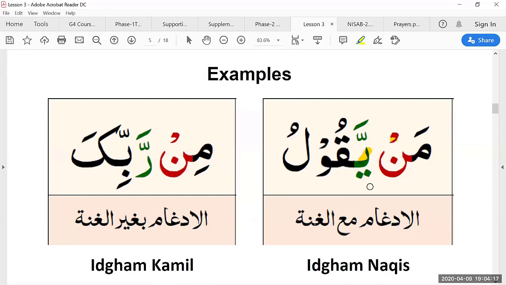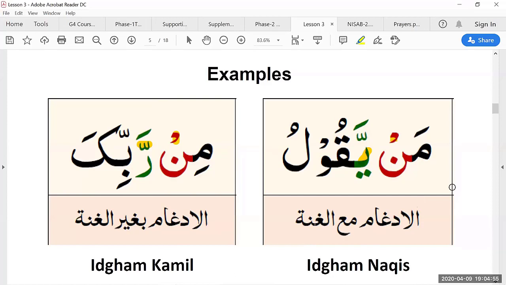So in this case, we have to perform idgham naqis, which means we have to do a 2-second nasal sound. Whereas in this one, again we have noon sakin followed by ra mushaddad, and as I mentioned before, on ra and lam mushaddad, we perform idgham kamil.